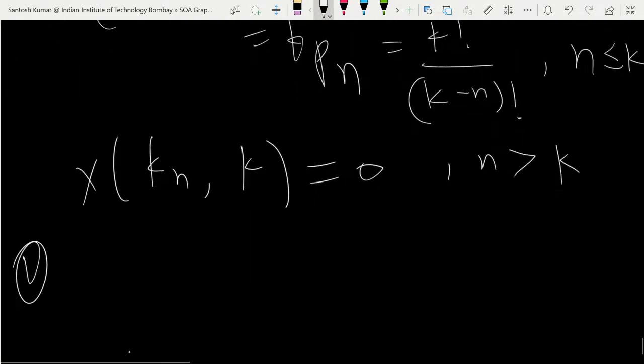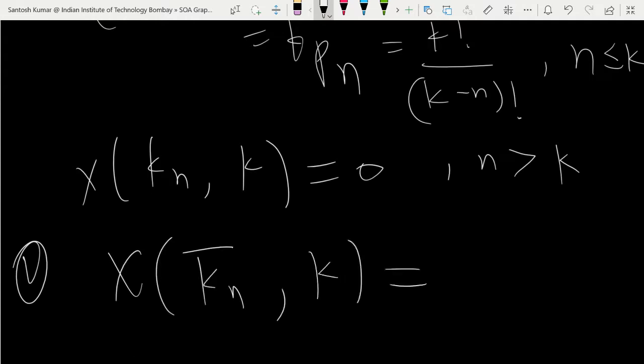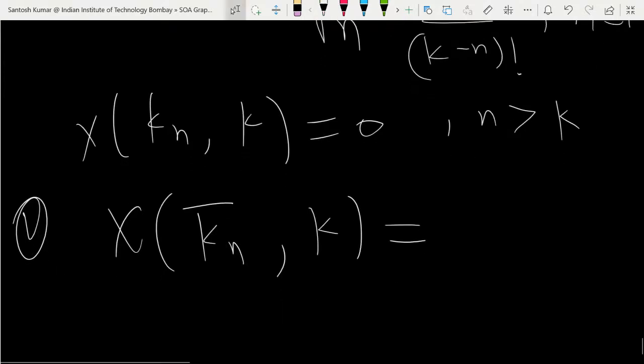Second, we have Kn complement comma k. Chi of Kn complement comma k, or the number of proper colorings of Kn complement with k colors. What was the answer for this? It is k to the power n.